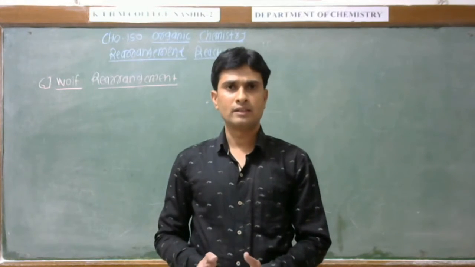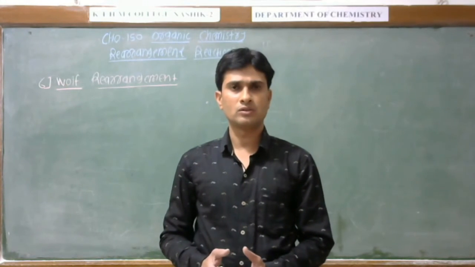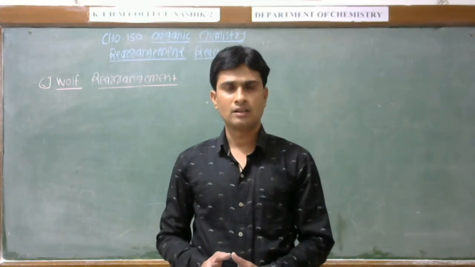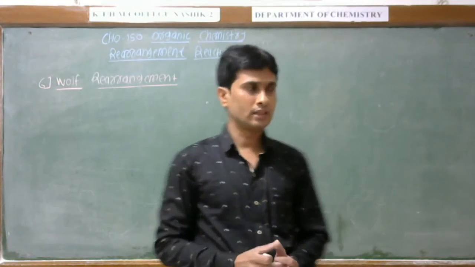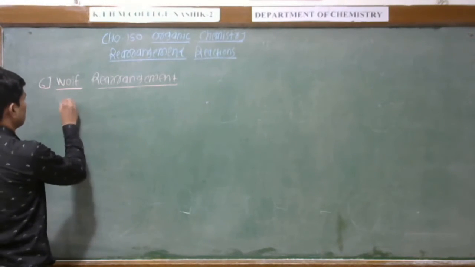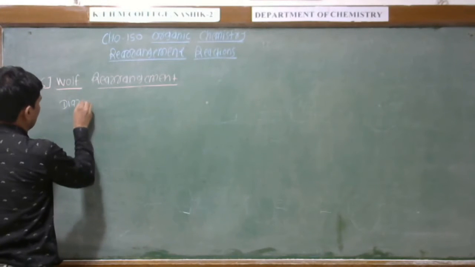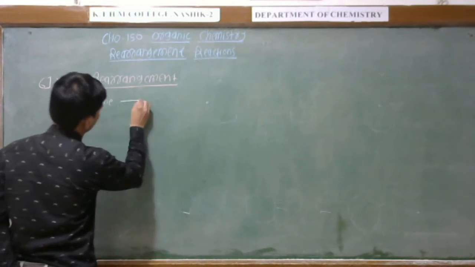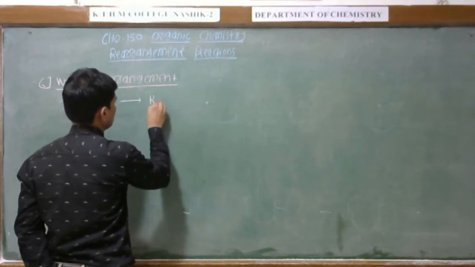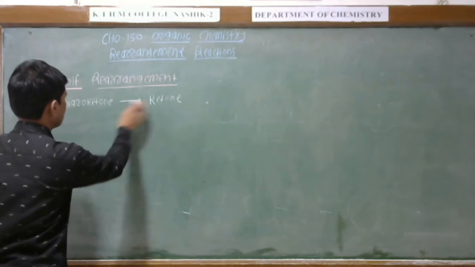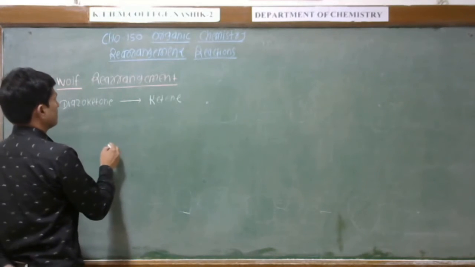So let us discuss our conversion. What is the conversion here? The conversion is diazoketone to ketene. This conversion is known as the Wolff rearrangement.